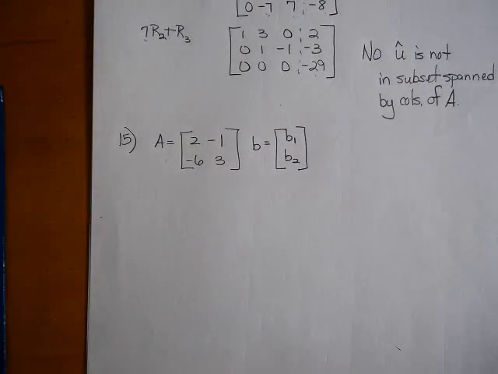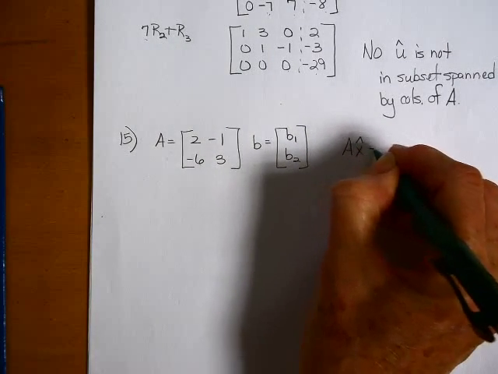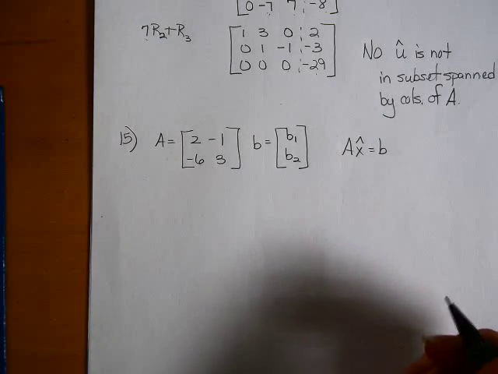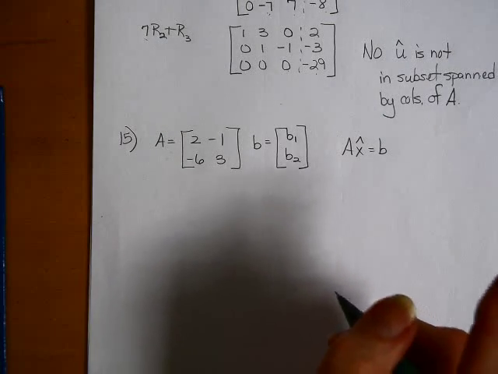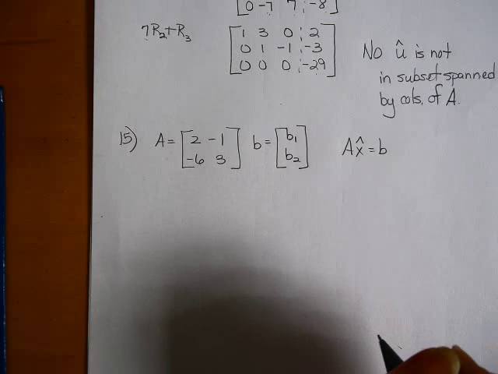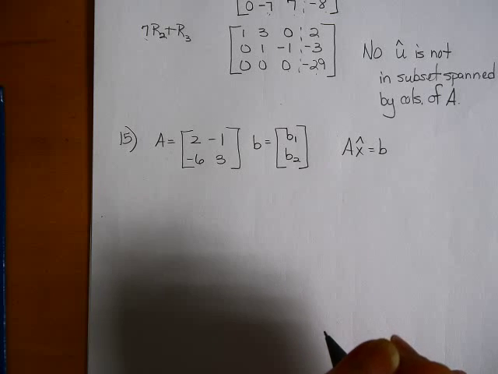And this one says, show that the equation AX equals B does not have a solution for all possible B's. And then describe the set of all B for which AX equals B does have a solution.